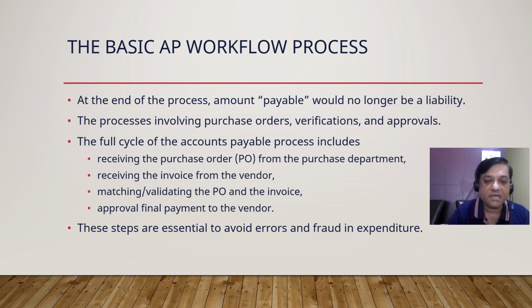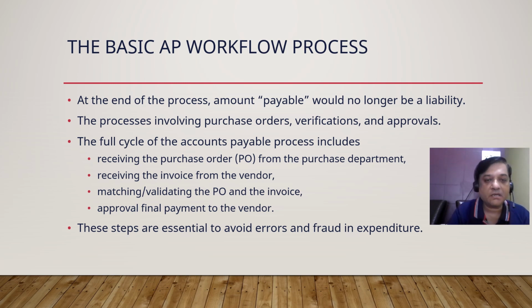The full cycle of the accounts payable process includes receiving the PO from the purchase department, receiving the invoice from the vendor, matching and validating the PO and the invoice, approval, and final payment to the vendor. These steps are essential to avoid errors and fraud in expenditure.